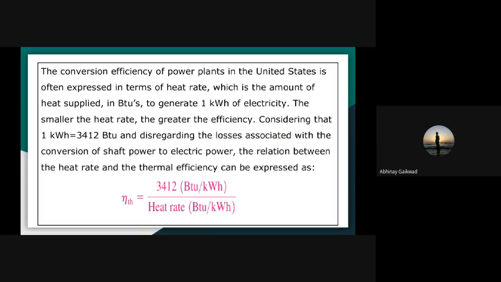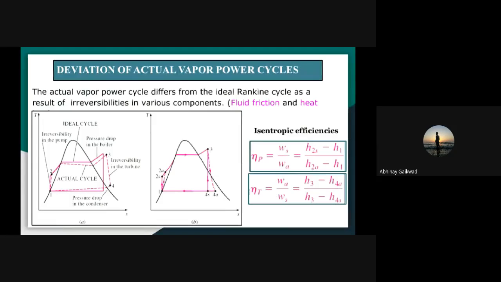So now I will show what the actual pattern of this Rankine cycle will be. Just as we have learned the ideal Rankine cycle, if we go for the practical or actual case, the pattern of this Rankine cycle in the TS diagram slightly changes, and I am going to show that here.